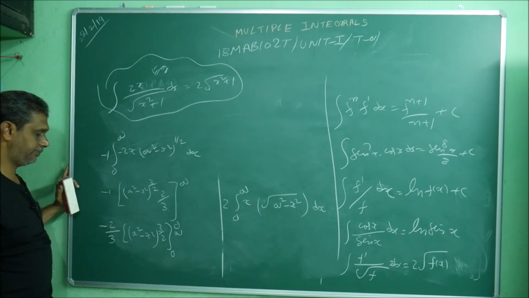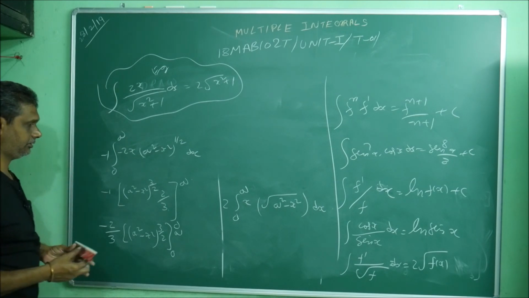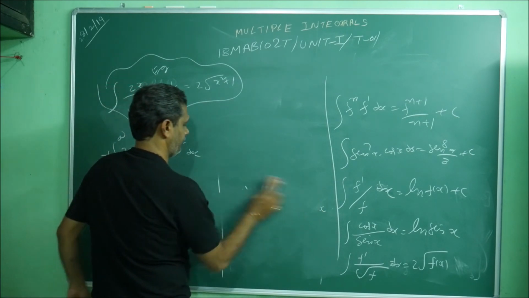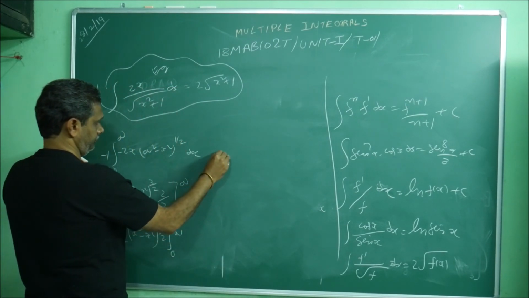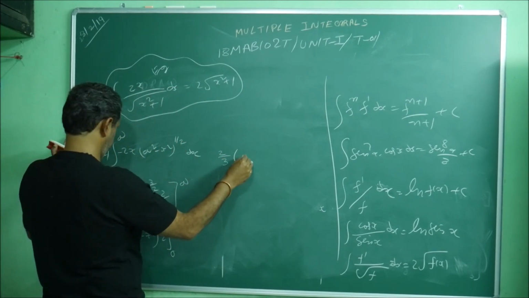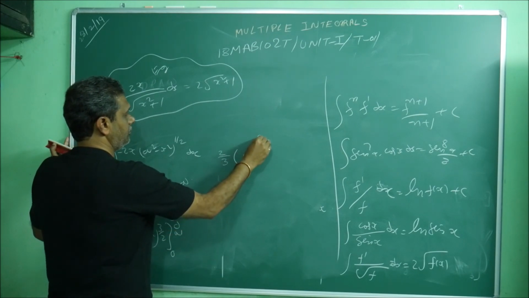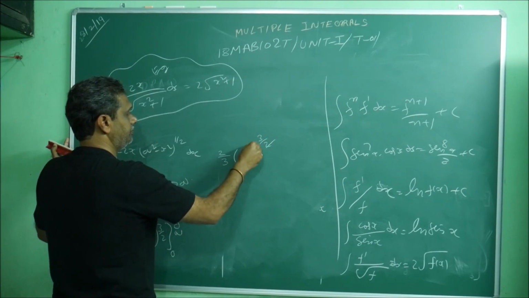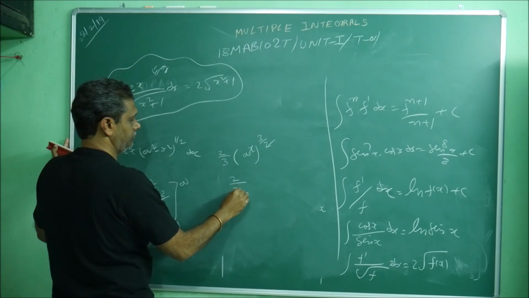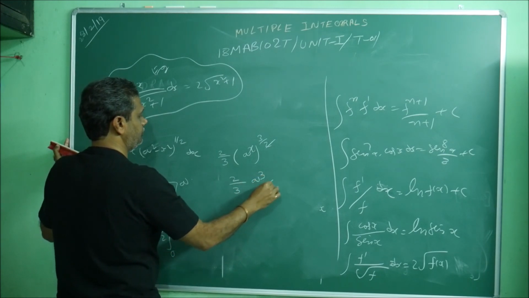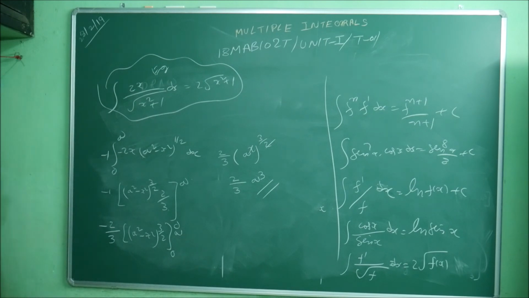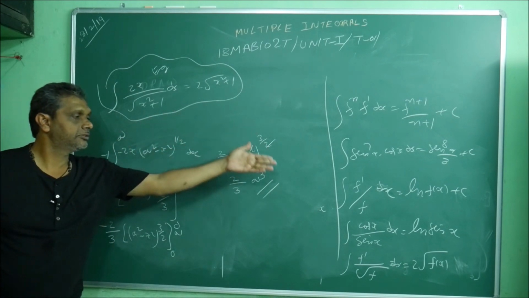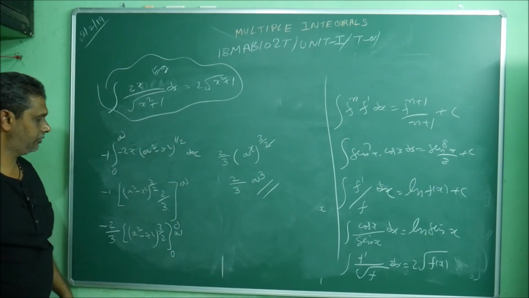So minus plus, then you will get 2 by 3 a square whole power 3 by 2, that is 2 by 3 a cube. Hence proved. See how nicely we are getting. So in between some important things you can also see. That is the way. Okay.